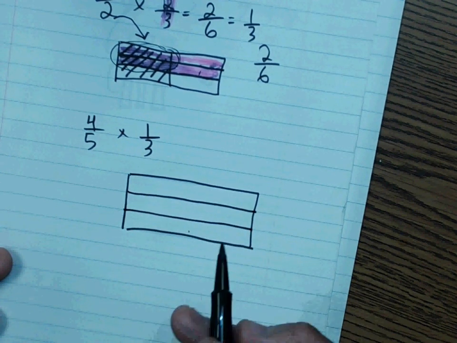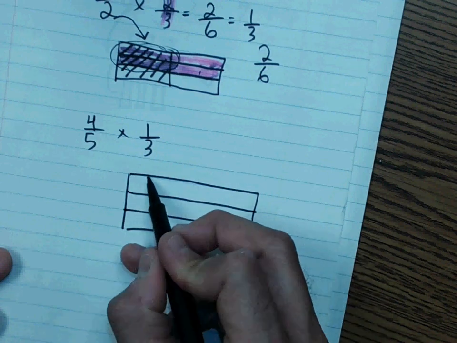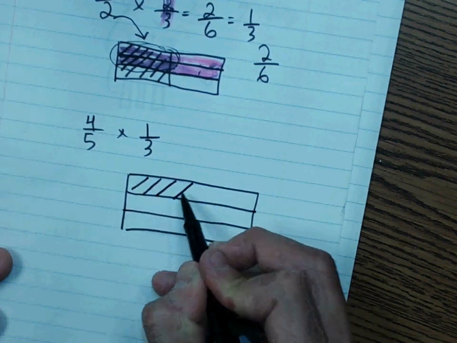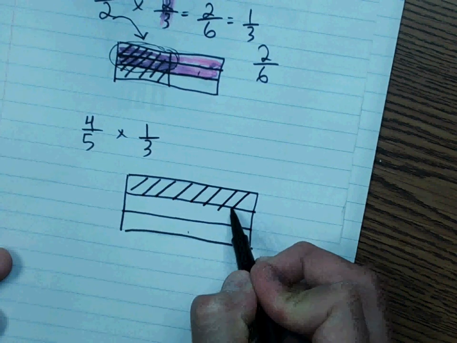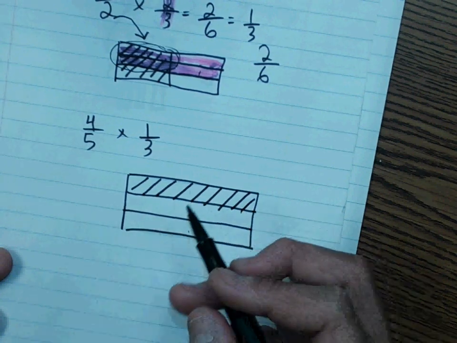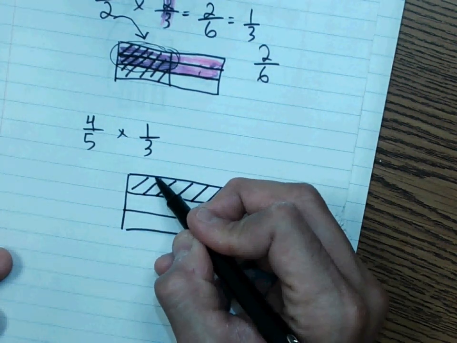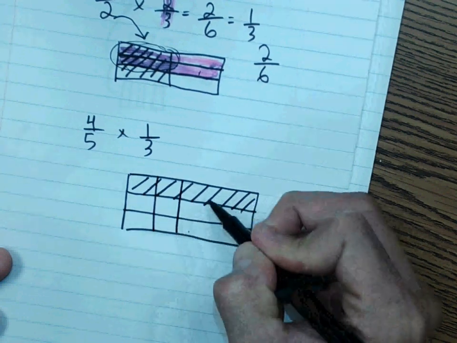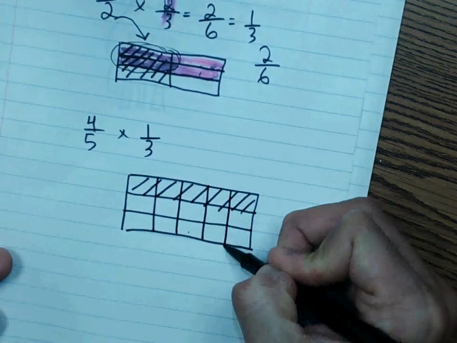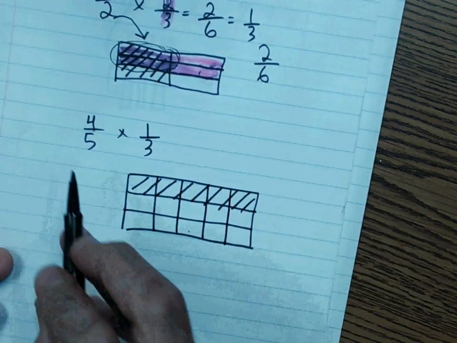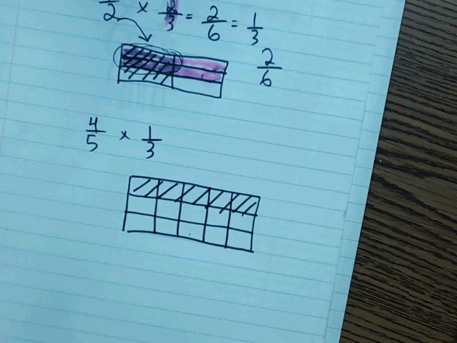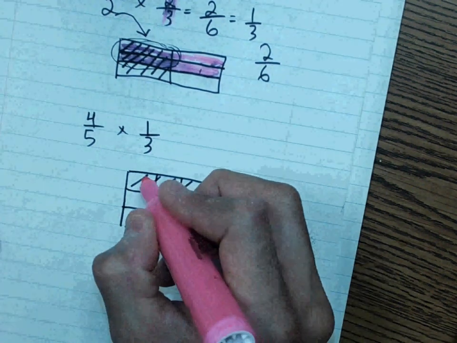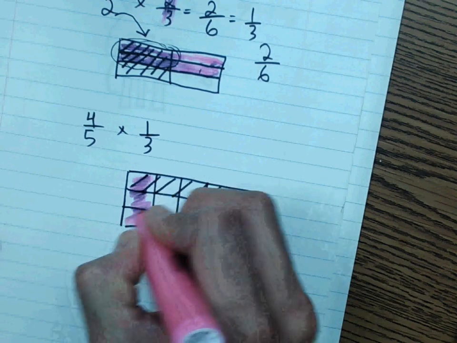I have 1/3. I'm going to use my black marker. And for 4/5, I'm going to go vertical. So those represent my fifths, and I have 4 of them. So using my highlighter, I'm going to highlight 4 of these fifths.